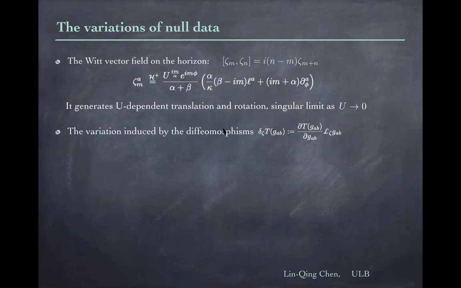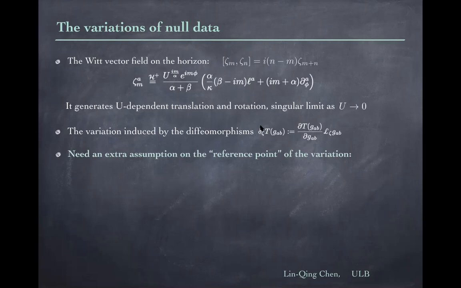Then to study the phase space symmetry, we need to look at its variation induced by the diffeomorphisms, which is defined in this way. Like any spacetime tensor, you take the partial derivative of the metric and add the Lie derivative, so it will be the delta G_AB. And we need an extra assumption on what the reference point of this variation is on the phase space.